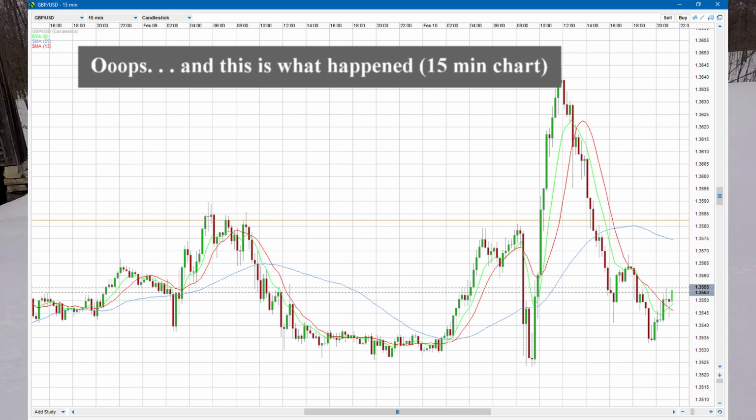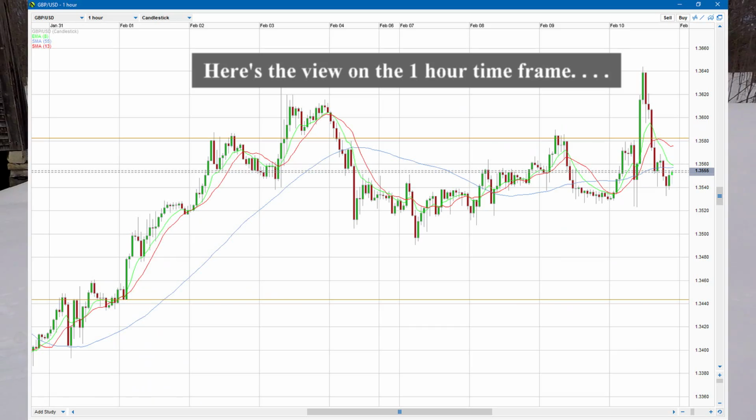Or it could continue up, and somebody will come in and look at the 4 hour chart and say, well, this is a rising market for pound dollar. Will it ultimately be a rising market for pound dollar? Personally, I don't think so. But that's an opinion.